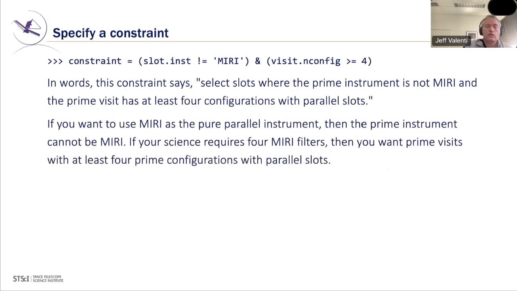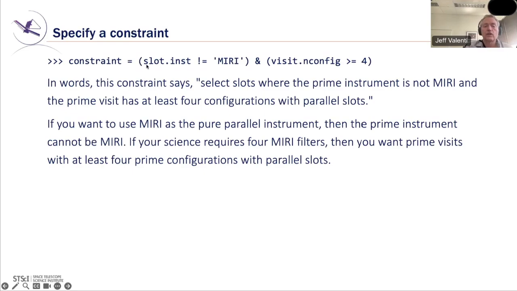All right, so now finally at last we're going to specify a constraint. And again, this is like, I want to do pure parallel science of some sort. I need some characteristics for the primes. This is where you describe it. And we're just going to use these objects in Python expressions with normal looking operators and the arguments of interest, and the constraint will magically capture all of that.